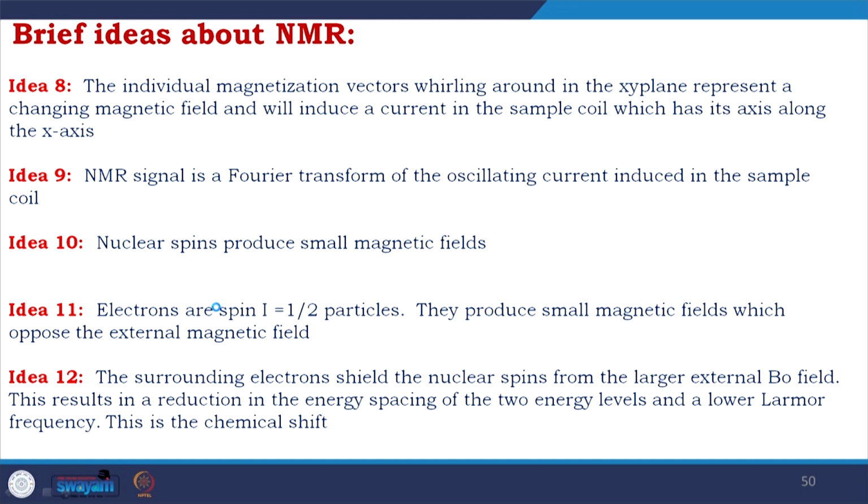The surrounding electrons shield the nuclear spins from the larger external B0 field. This results in a reduction in the energy spacing of the two energy levels and a lower Larmor frequency, which is called chemical shift. So, the first one was the field generated by the nucleon. Now, here it is a shielding or deshielding effect. This is by the electron, which is called chemical shift.